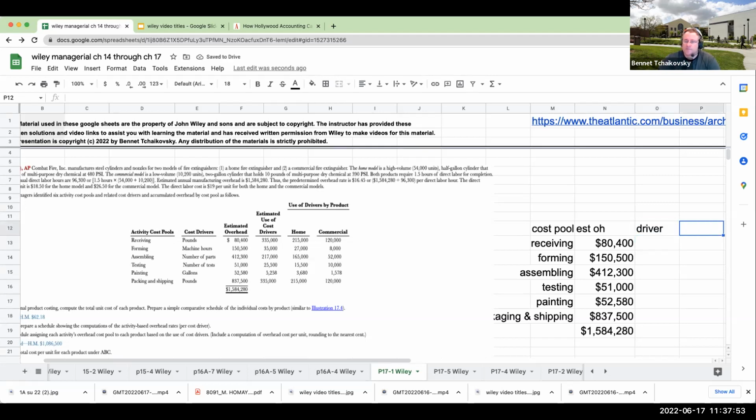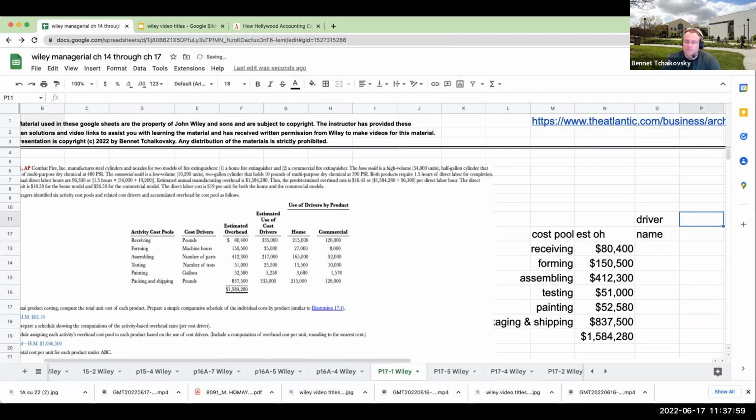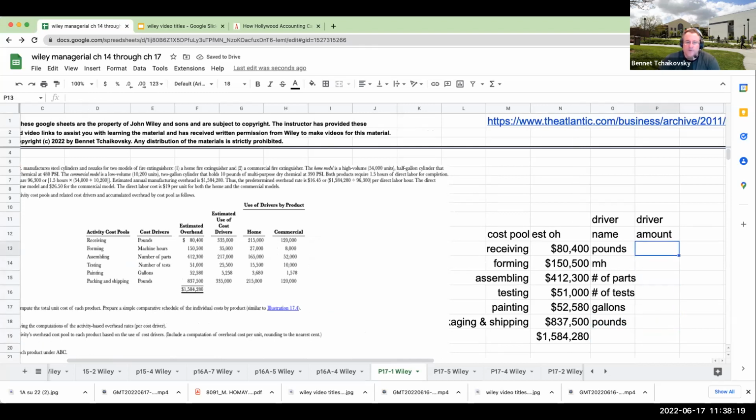Basically, this is in pounds, machine hours, number of parts, number of tests, gallons, and then pounds. Okay, so right over here, this is 335,000, 35,000, 217,000, 25,500, 52,000, 58.